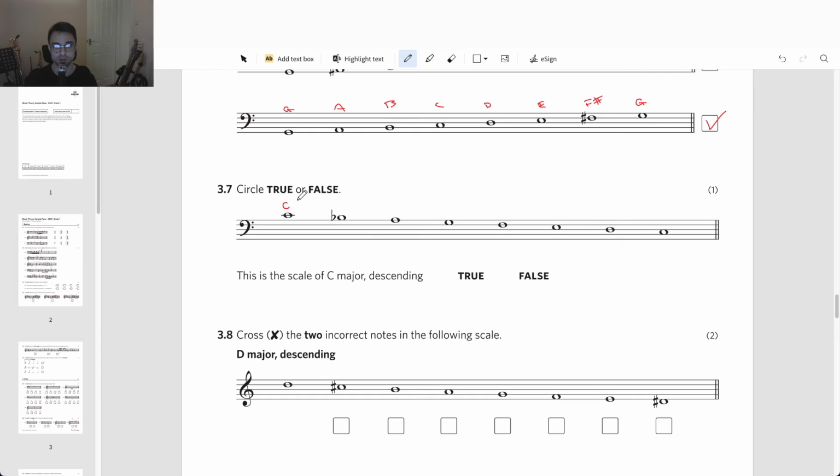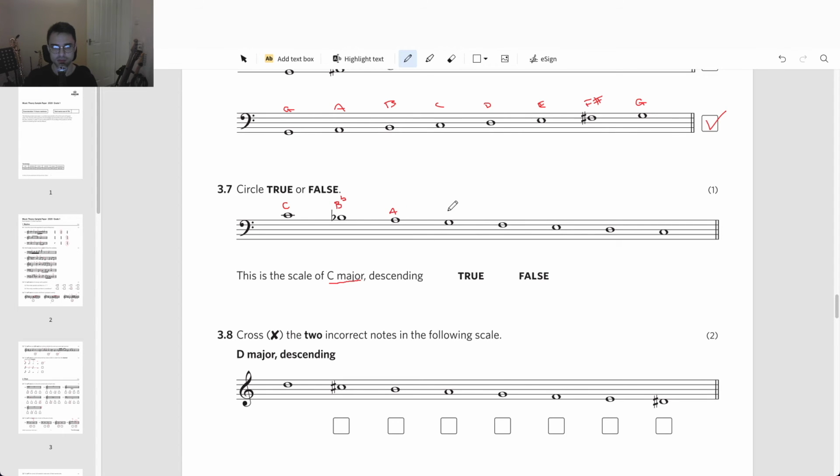C major descending's got to start on a C. But then we have a B flat. So if this was C major, that would be a B natural. But this is a B flat. That's not part of the key of C major. So this is something else.